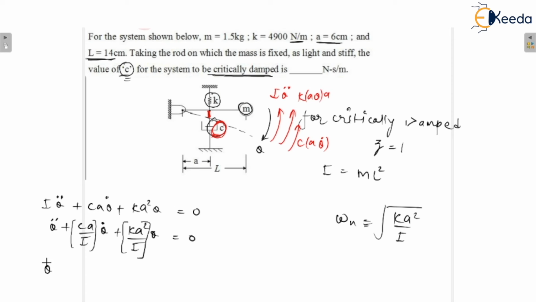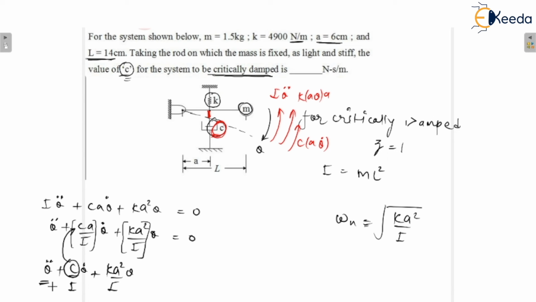Now if you compare these equations with the general equation, that is plus capital C theta dot upon I plus Ka square theta upon I, you can see this C would be considered as Ca.